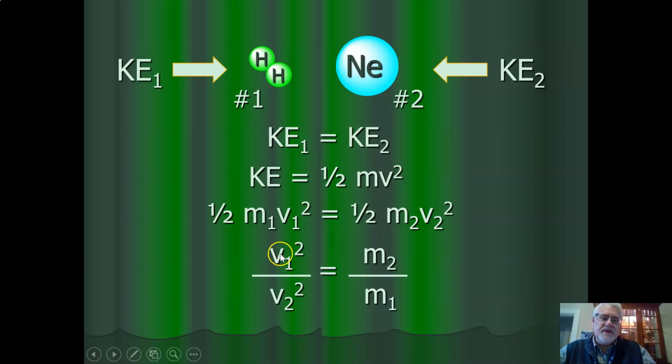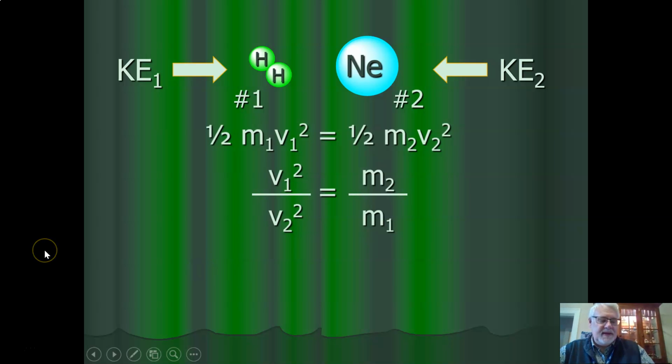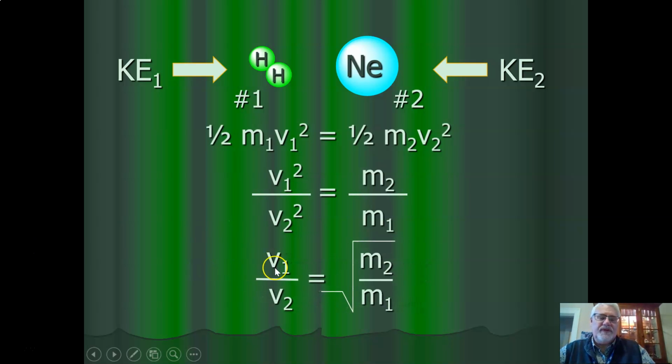The v1 squared you keep over here. Bring the v2 squared over. It's going to be on the bottom. m2 is on the top on the right, and then you slip the m1 over there. It's going to be on the bottom. So you will notice 1 over 2 equals 2 over 1. So it's going to be the inverse, but this is still mathematically a little sloppy. So let's slide that up and take the square root of both sides.